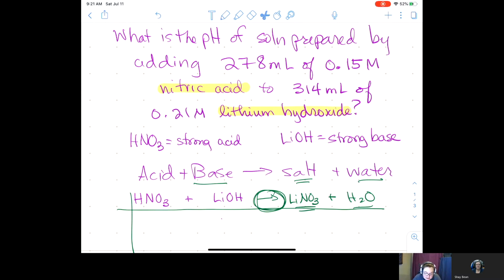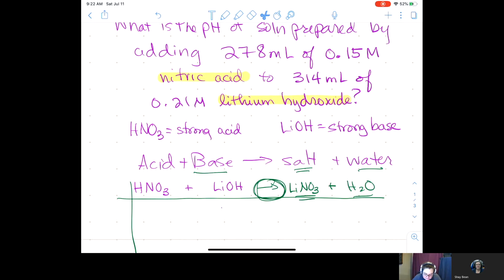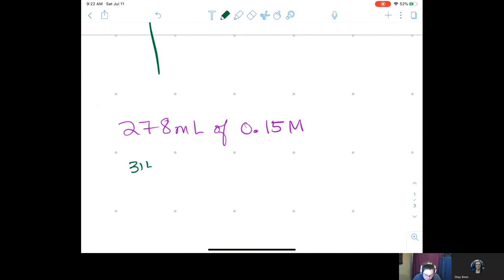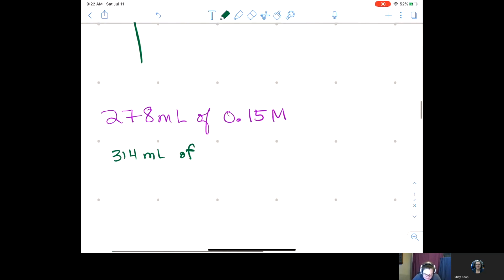So I've got 275 milliliters of 0.15 molarity nitric acid, and I've got 314 milliliters of 0.21 molarity lithium hydroxide. This was the nitric acid.